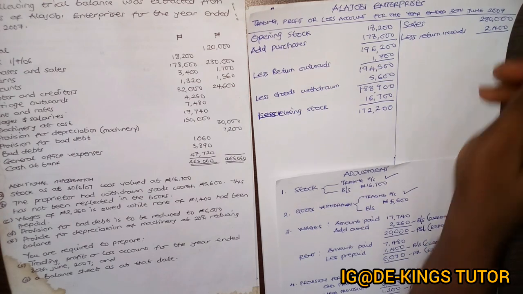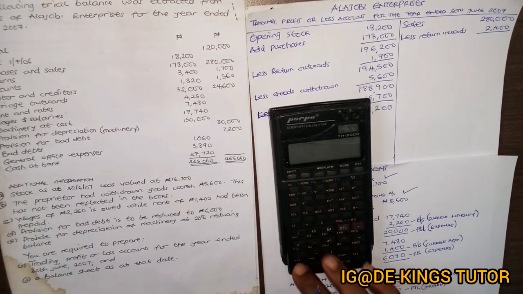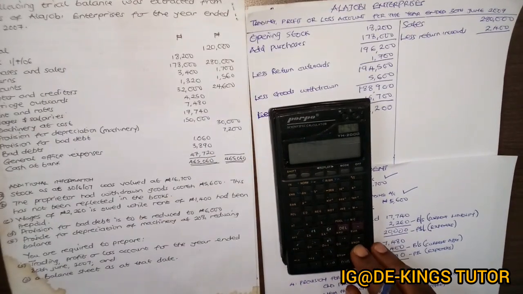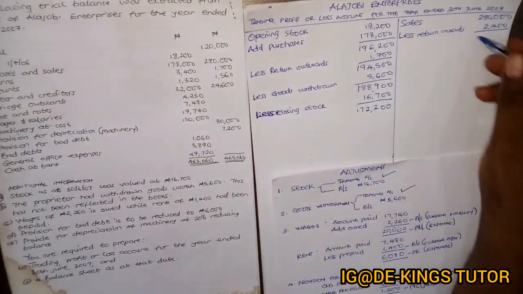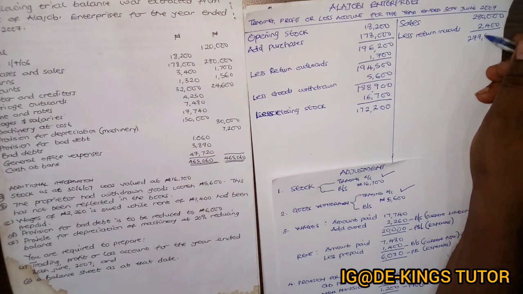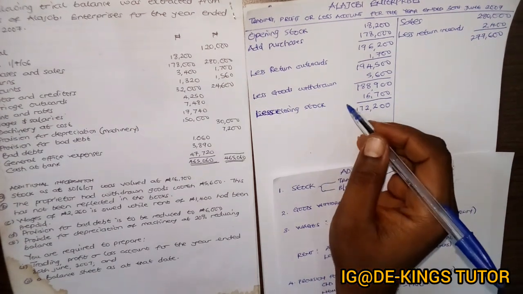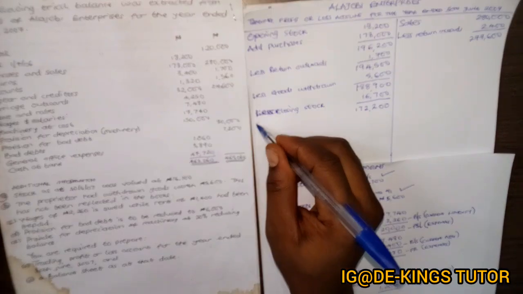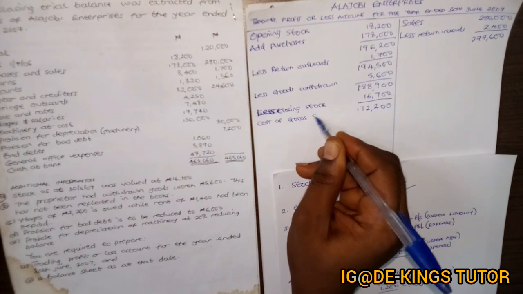So this minus this gives us our net sales. So 280,000 minus 2,400 is 277,600. Okay, so now this becomes our cost of goods sold.